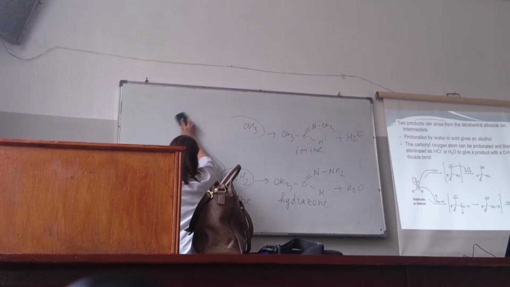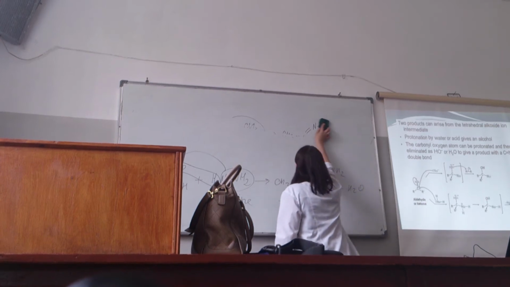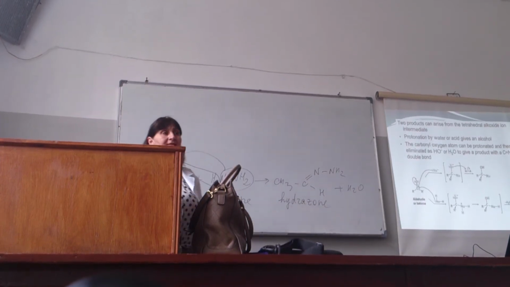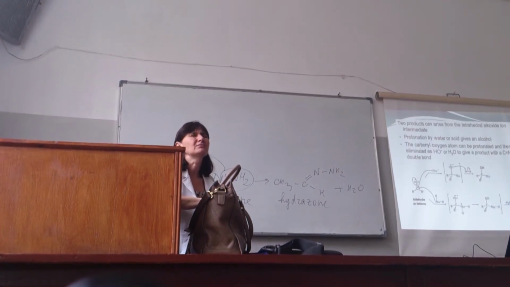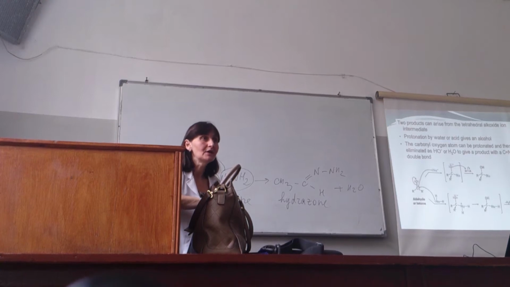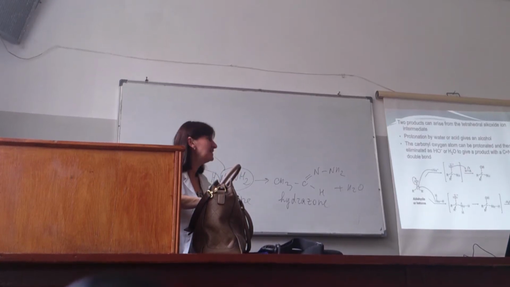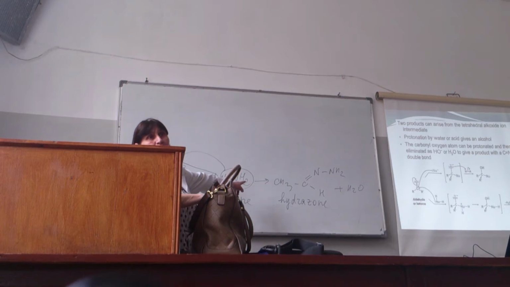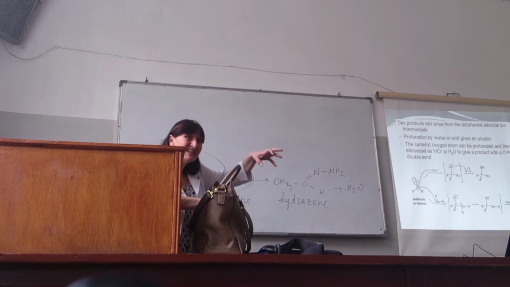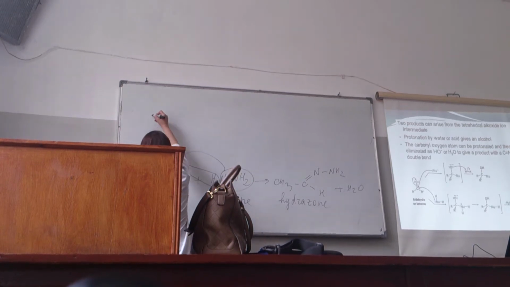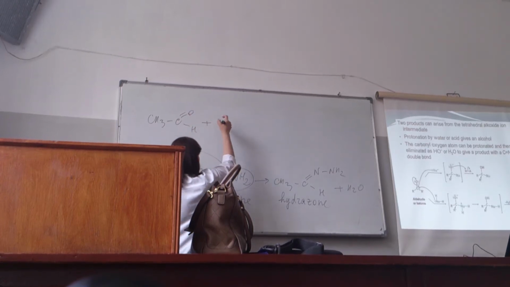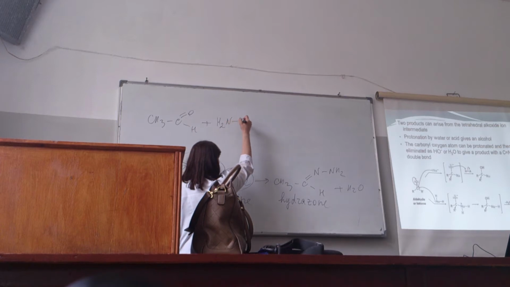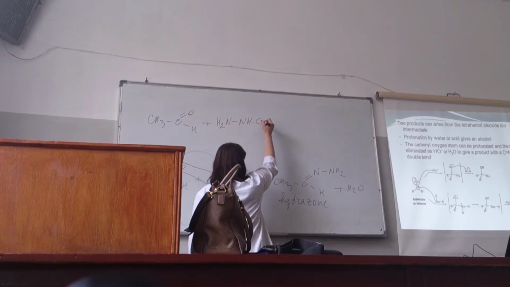Now the next reaction is the reaction with aryl hydrazine. So what does aryl hydrazine mean? If instead of one H atom you write a benzene phenyl ring radical, C6H5, you get aryl hydrazine. Now, CH3C double bond O plus H2N-NH-C6H5.